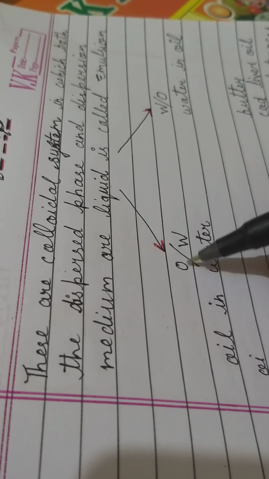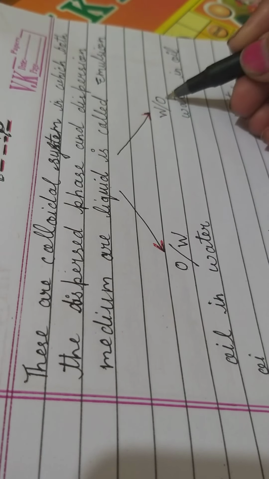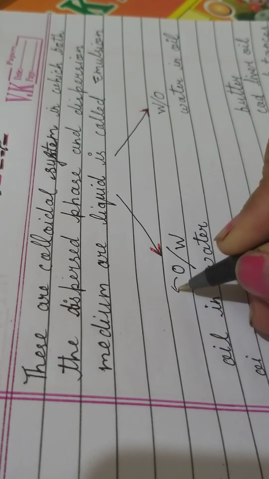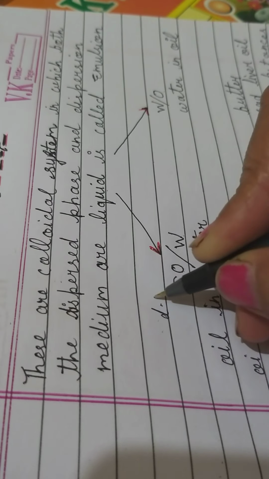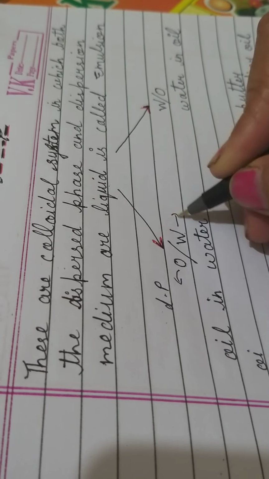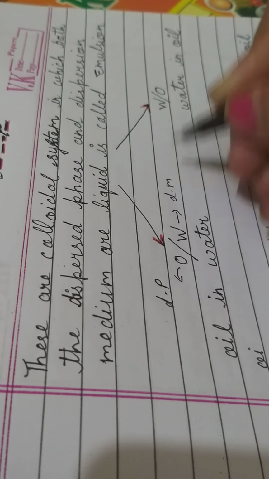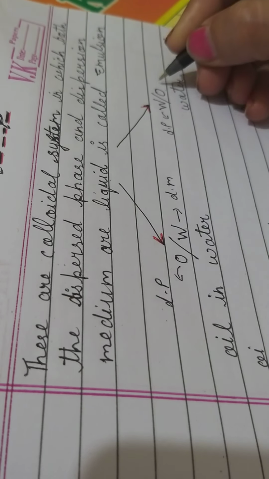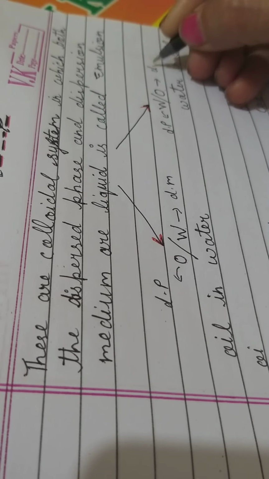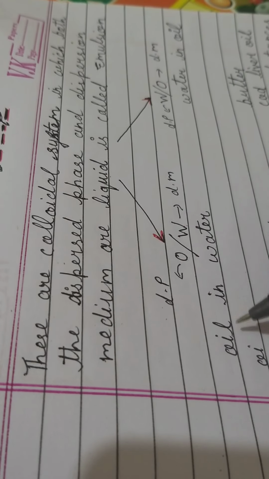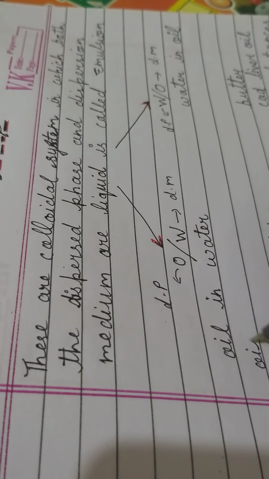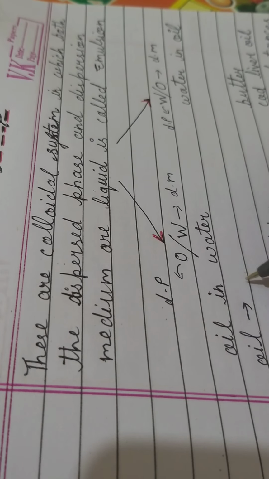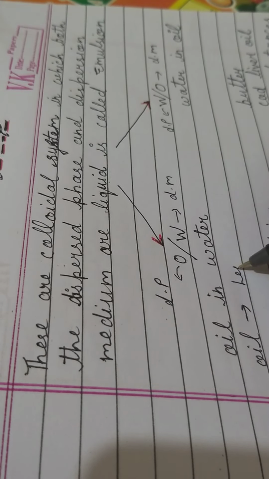Okay, so here these are of two types. One is oil in water and the other is water in oil. So here the oil represents the dispersed phase and water represents the dispersion medium. And here the water represents the dispersed phase and oil represents the dispersion medium. So in oil in water we have to understand oil will be present in less amount.